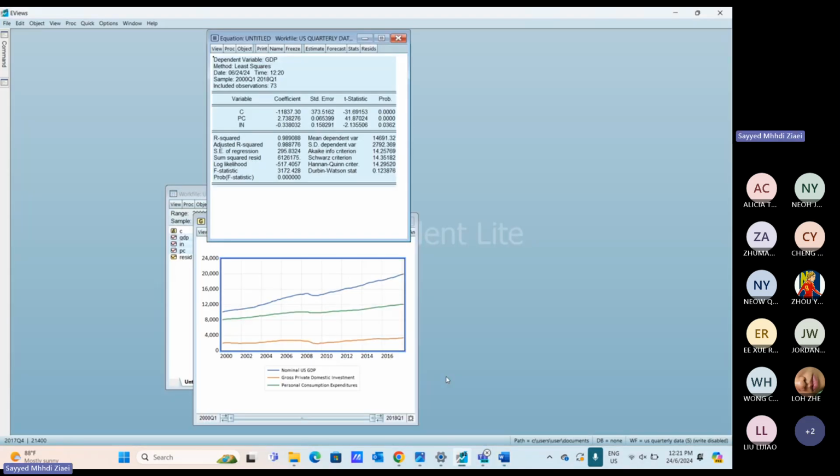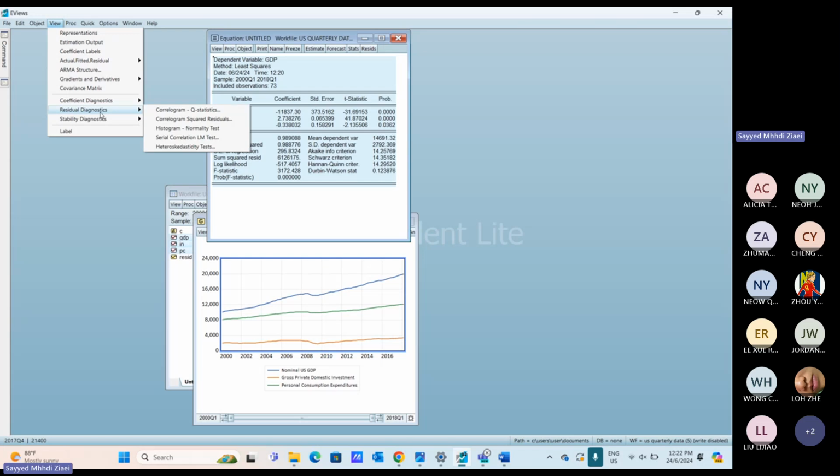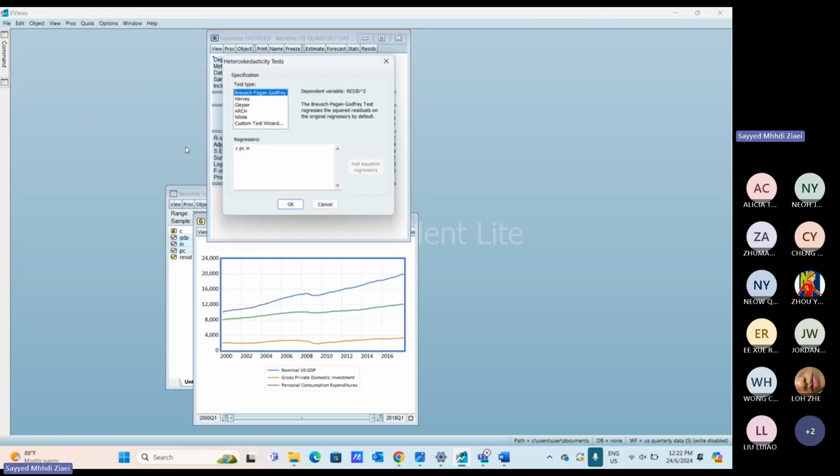After you do the regression, you need to find a diagnostic test. So how can you find a diagnostic test? You should go to View, Residual Diagnostic, and then we have heteroscedasticity, autocorrelation, normality test, and different types of diagnostic tests. Suppose I choose heteroscedasticity test, you can find many different types of tests like Harvey, Glejser, ARCH, White, and so on.